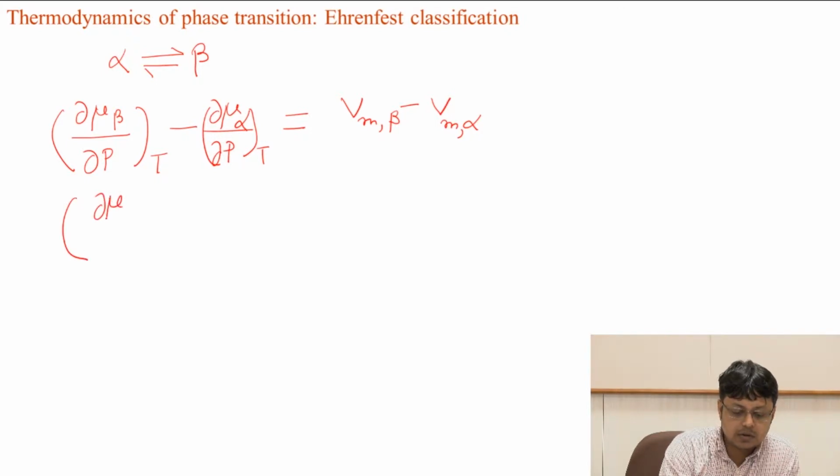And similarly, we can also consider the variation of the chemical potential with respect to temperature. This we already discussed. We'll show the plot once again.